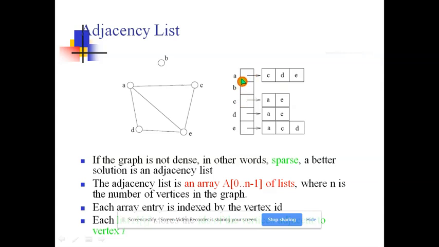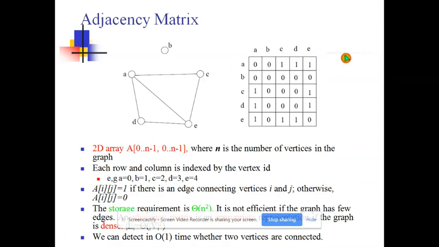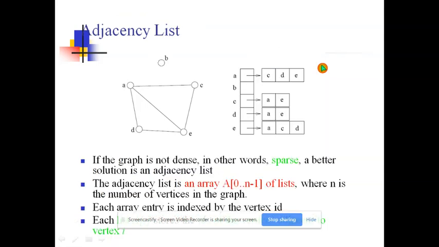For example, vertex A is adjacent to vertices C, D, and E. Firstly, go to the previous slide. Vertex A is adjacent to three vertices C, D, and E. So the adjacency list for vertex A is C, D, and E.